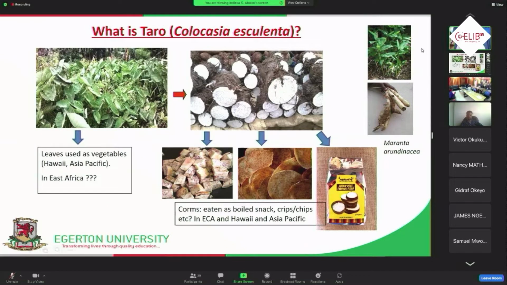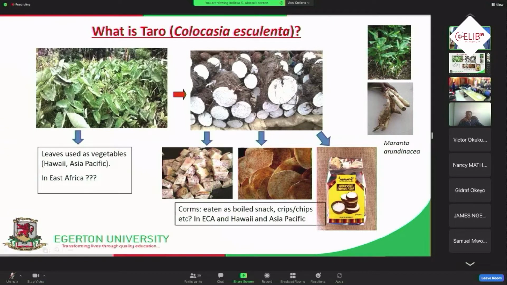Arrowroot is a root crop known as Maranta arundinacea, and it forms a rhizome, while taro, or nduma, is also a root crop but forms a corm.